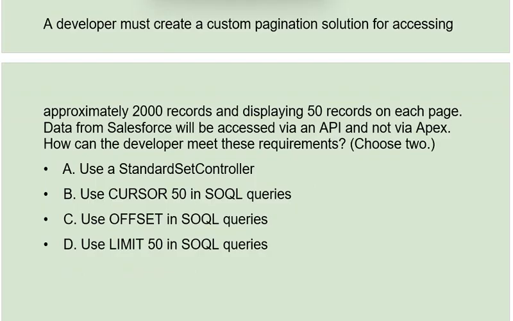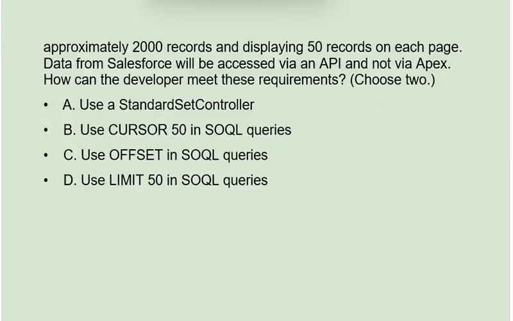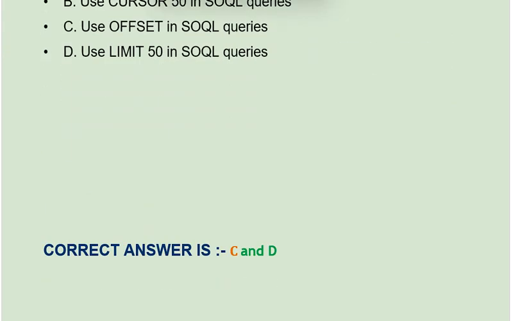Option A, use a StandardSetController. Option B, use CURSOR 50 in SOQL queries. Option C, use OFFSET in SOQL queries. Option D, use LIMIT 50 in SOQL queries. Correct answer is option C and option D.